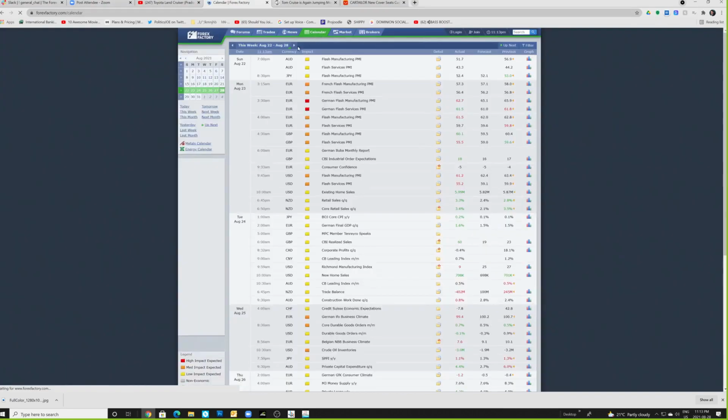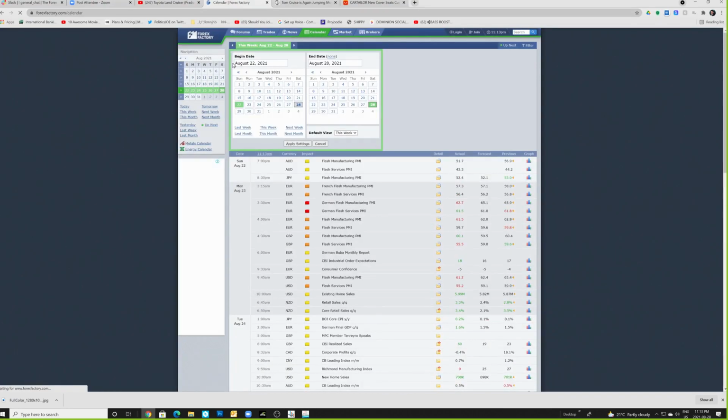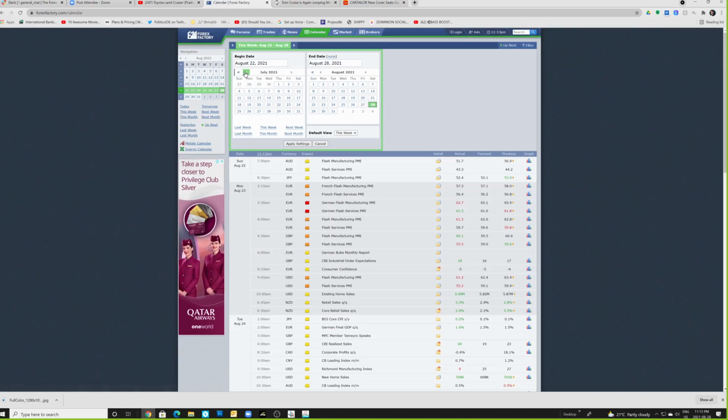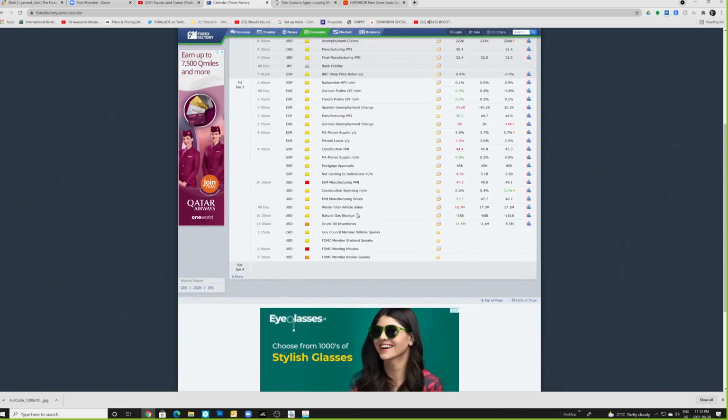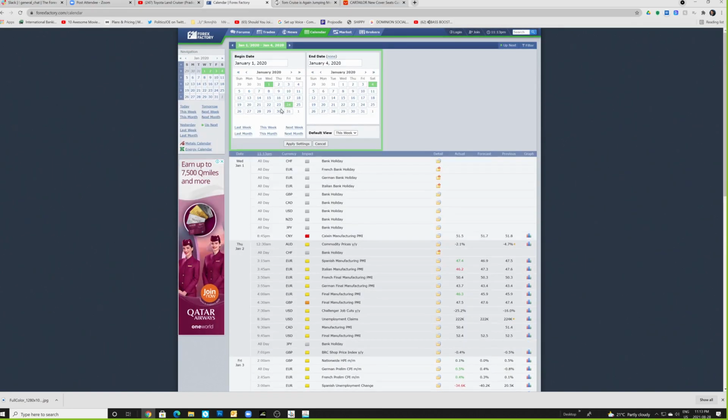Let's go to calendar. I want to have a good look at when we're going to have NFPs. So first NFP is going to be in January. So we're going to go to January, February, January 4th. Let's see, do we have NFP on 3rd January? No, we have NFP on, I think, the next week.